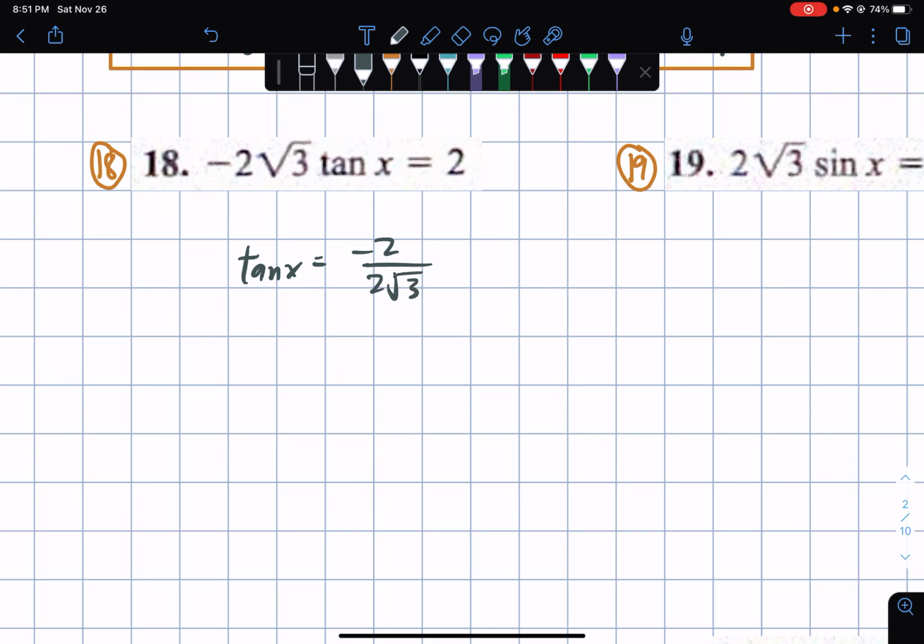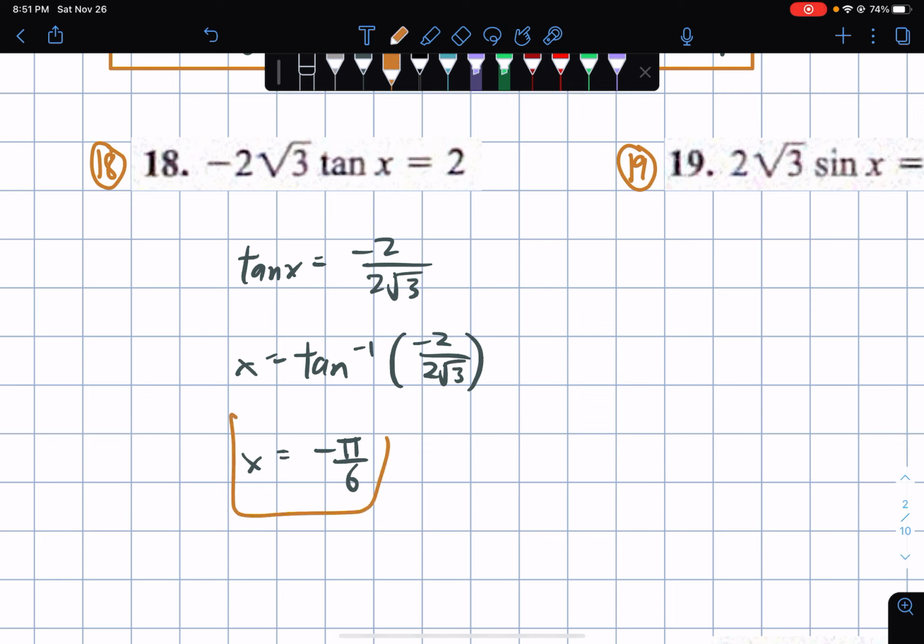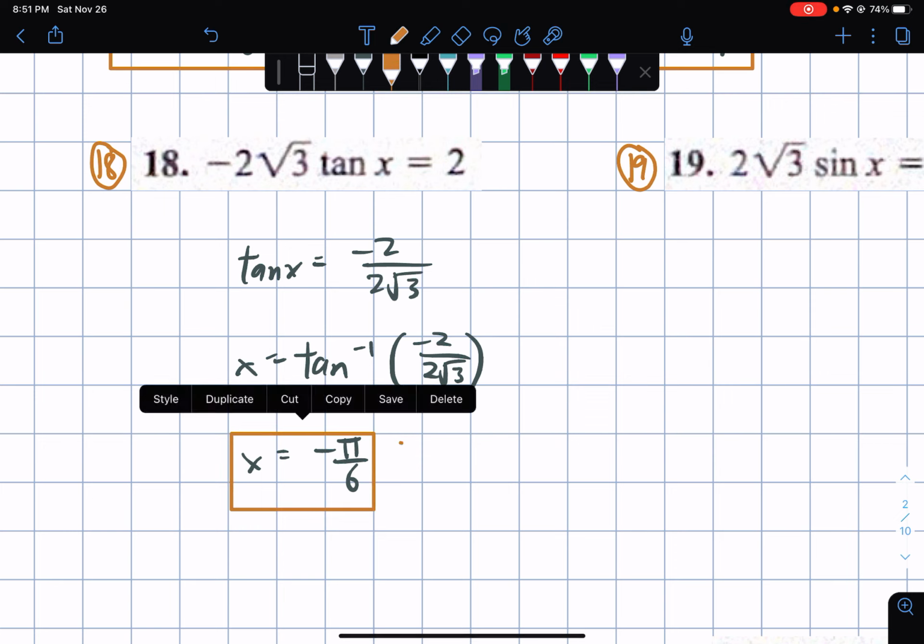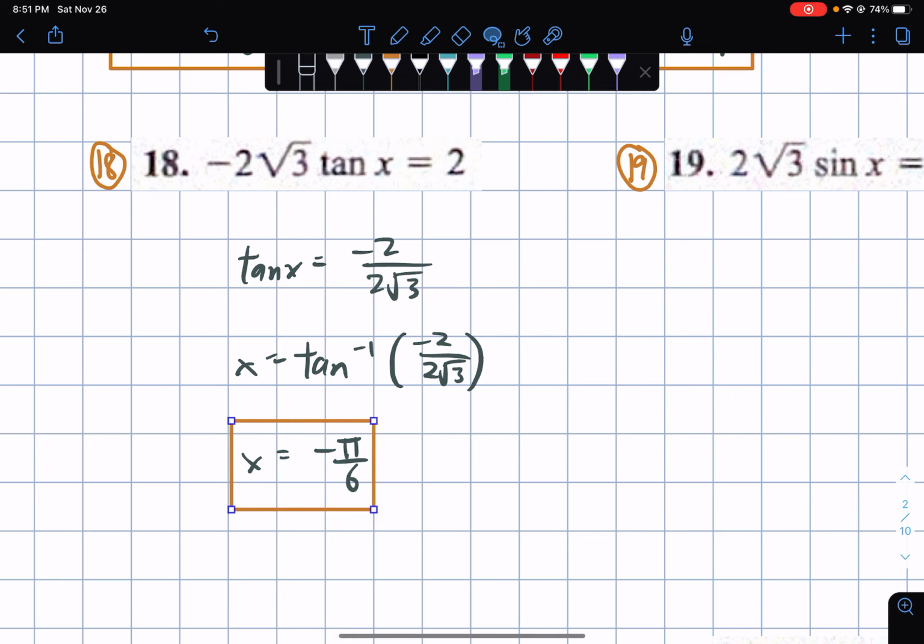We have something like this, and in case this value with an arctangent, we have x is equal to negative pi over 6. Okay, that's for number 18.